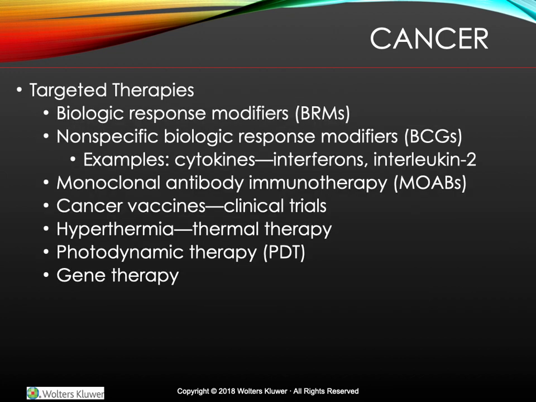So we have what's called targeted therapies, and these consist of your biologic response modifiers or nonspecific biologic response modifiers, monoclonal antibodies, cancer vaccines such as your HPV, hyperthermic therapy, photodynamic therapy, and gene therapy.